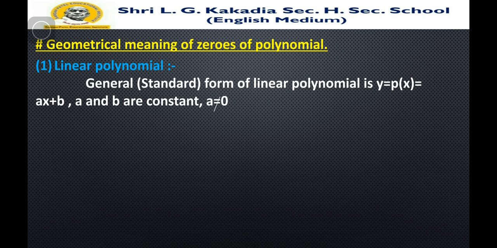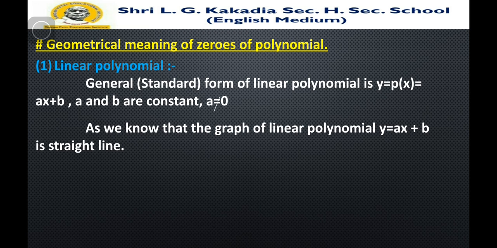If you want to take it according to the y axis, then you put x is equal to p of y. But here we study according to the x axis. As we know, the graph of the linear polynomial y is equal to ax plus b is always a straight line.